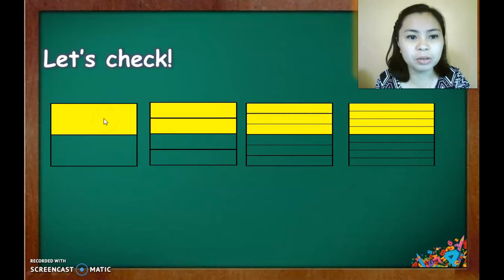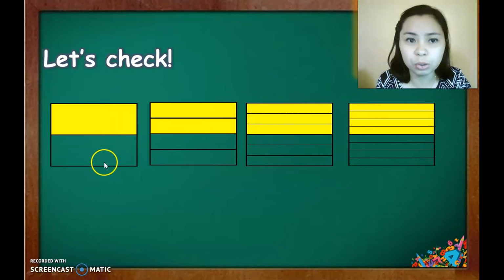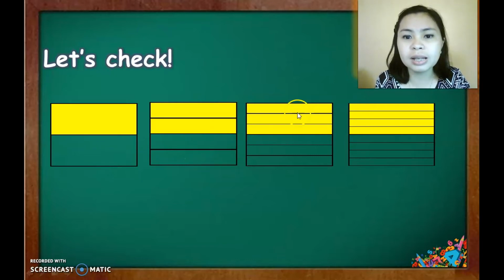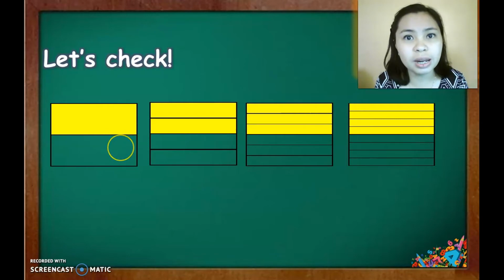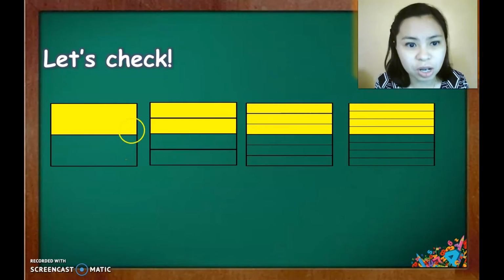The first one is divided into 2, the second into 4, the next into 6, and the other one into 8. The yellow part is the shaded portion, so that we can identify the fraction.